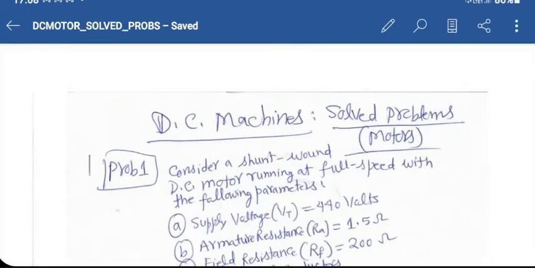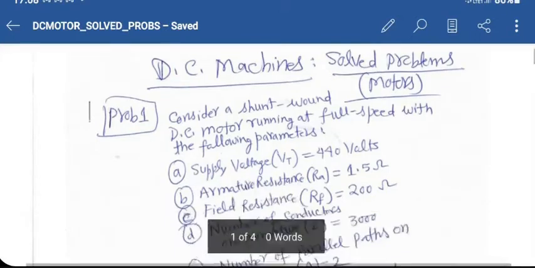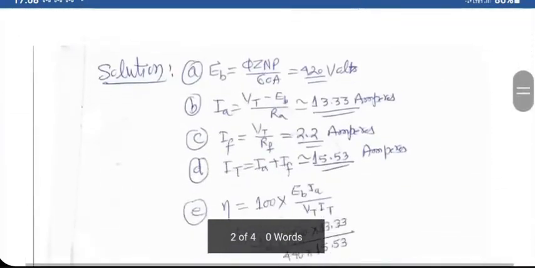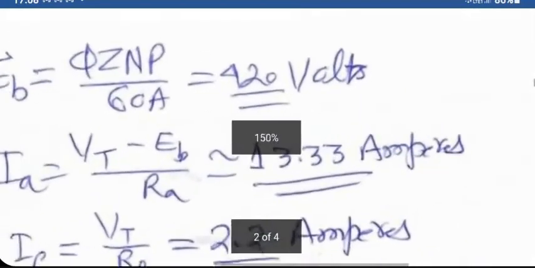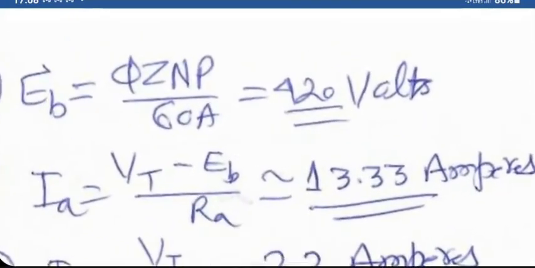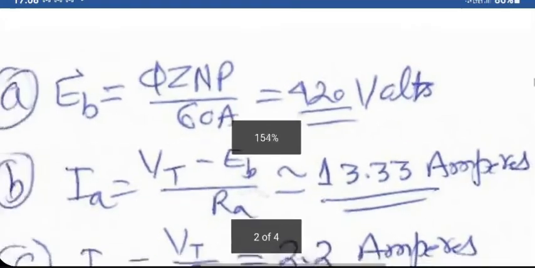RA is given as 1.5 ohm. So 440 minus 420 divided by 1.5. You should get 13.33 amperes approximately. That's the armature current.